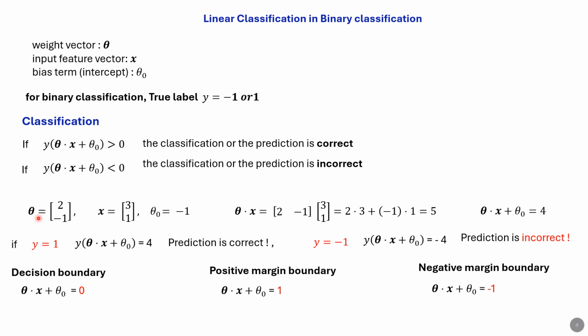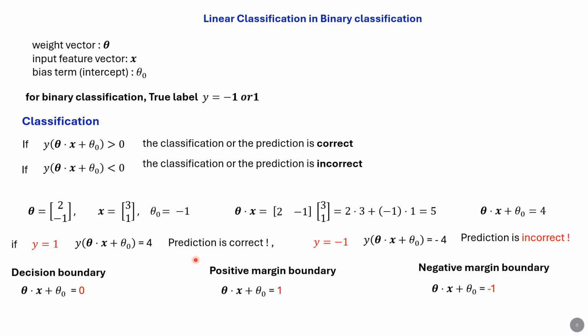So these are the two vectors, theta and x. This is the bias term. Then we can compute theta dot x, and add theta naught, the bias term, and you will get 4. If y is +1, then y times this expression equals 4.